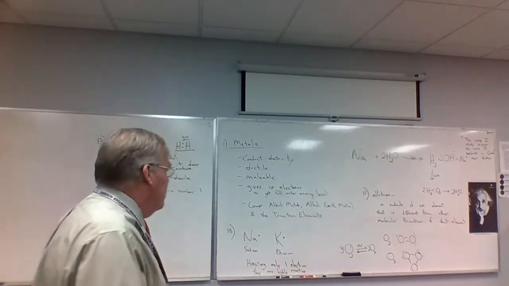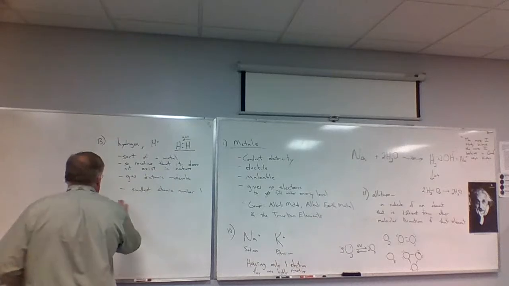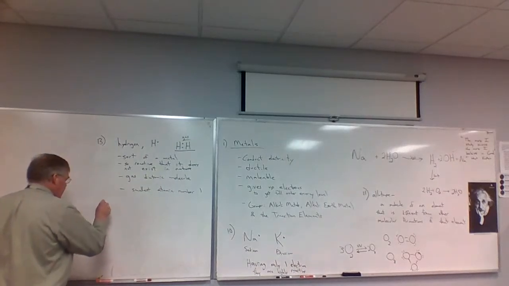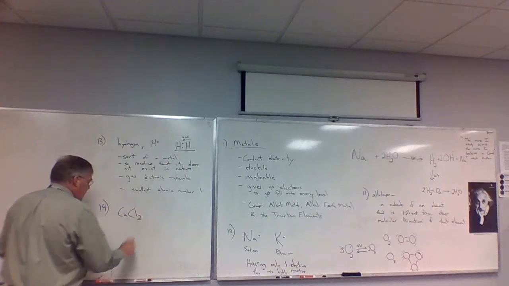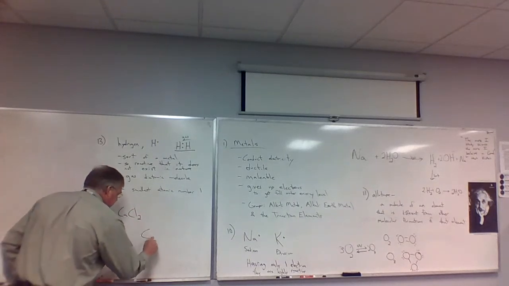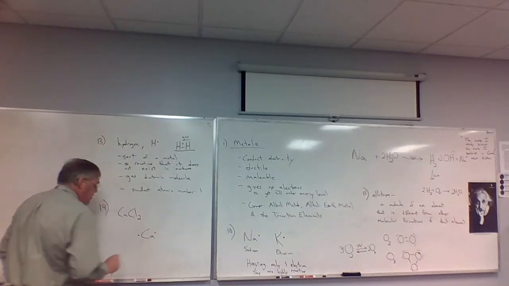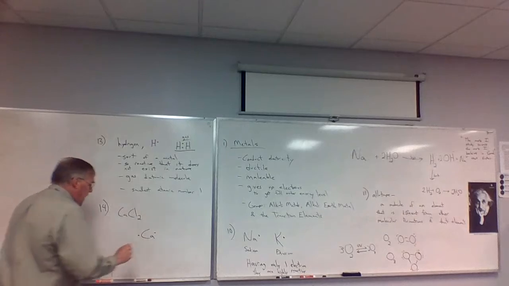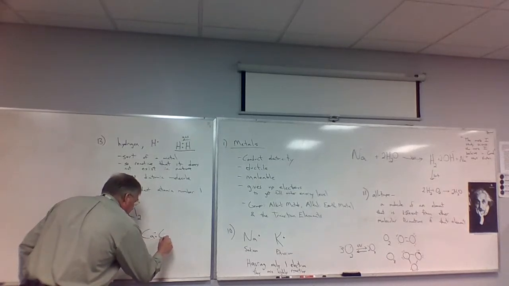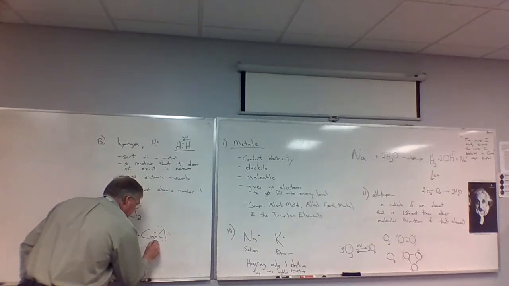So, for example, this is number 14, you can have calcium chloride. Okay, so that's calcium that has 2 electrons. It's in the alkaline earth metal column, or group 2, and this is chlorine, which has 7.